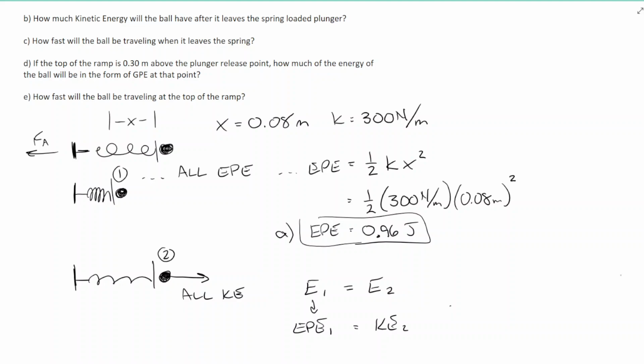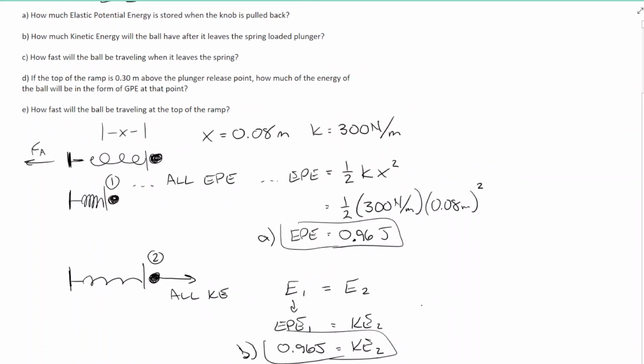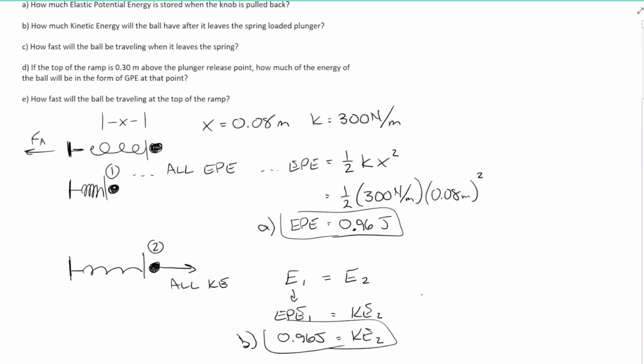We just found how much energy we have: 0.96 joules at position 1, which means the kinetic energy at position 2 has to be the same thing. So for our answer for B, we don't have to do any calculation. Because energy is conserved, the energy the ball has when it's stored as spring energy is now the energy in kinetic energy.